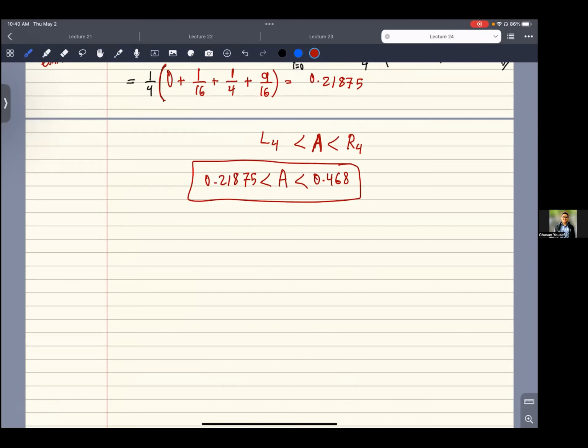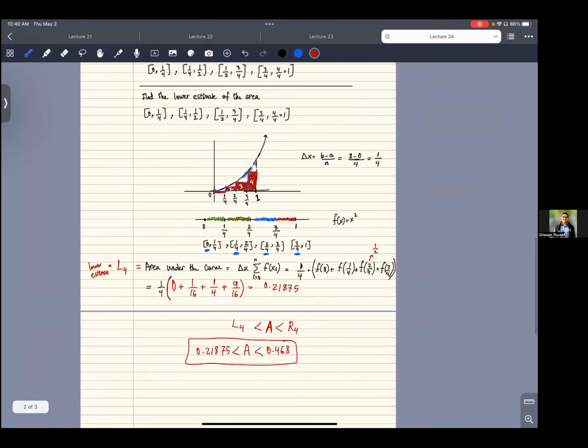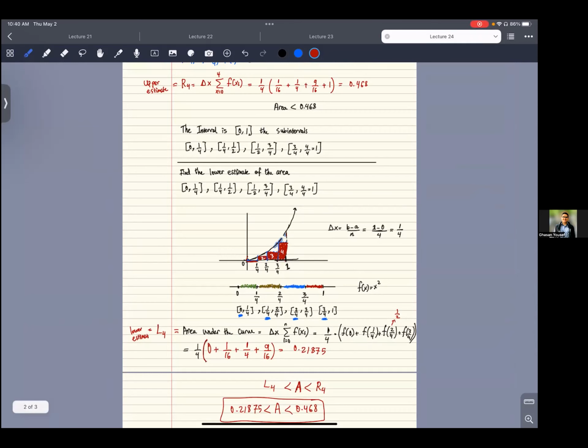I find the upper estimate and lower estimate. Then I say the area is between the lower estimate and the upper estimate. Makes sense what I did for this example? If it is not clear, I can explain it again.